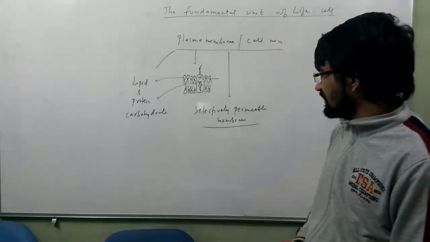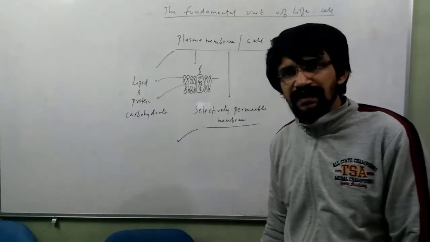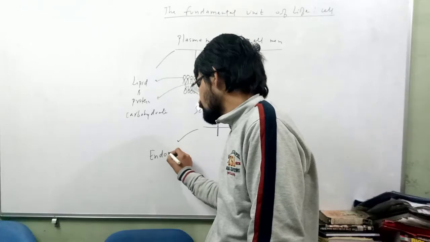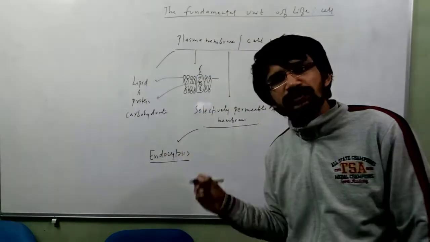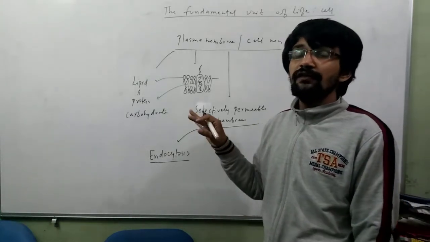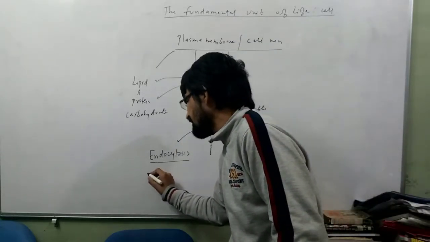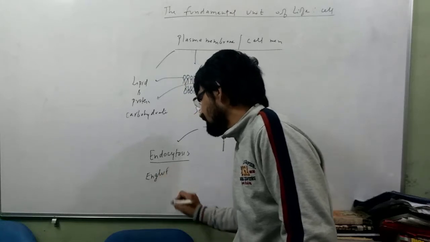Now in some cases, this selectively permeable membrane is helping in a process, and the name of the process is endocytosis. Endocytosis basically means there will be movement of the cell membrane in such a way that it will be helping in the engulfing of food particles.